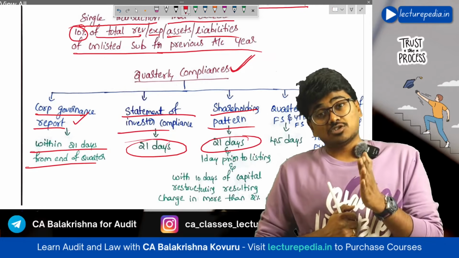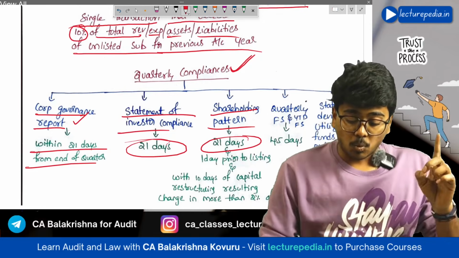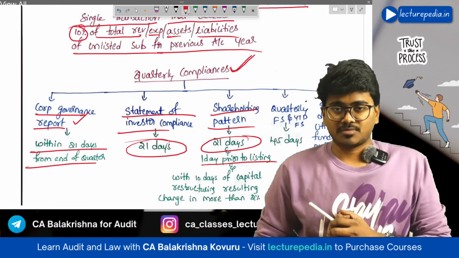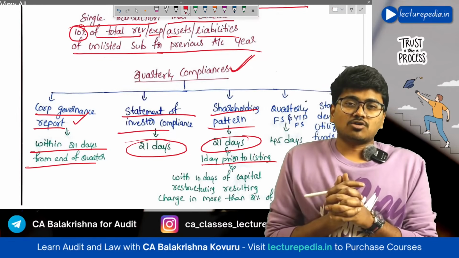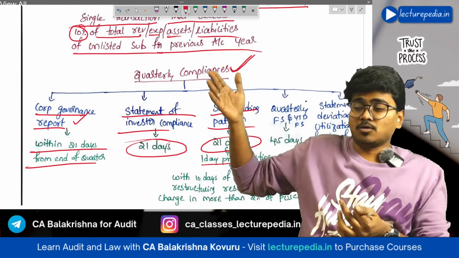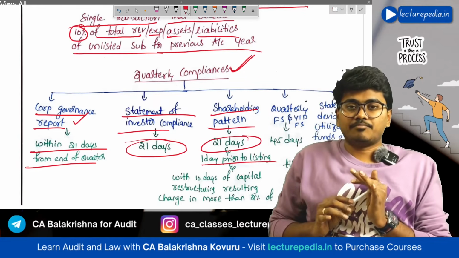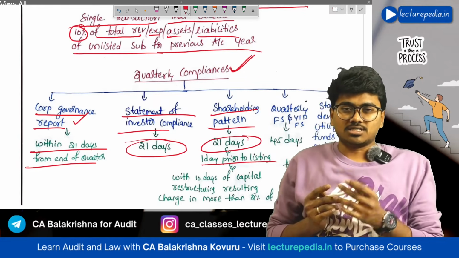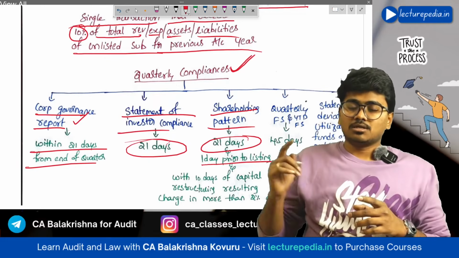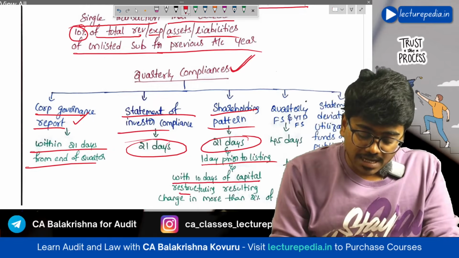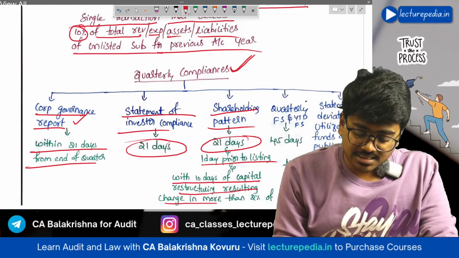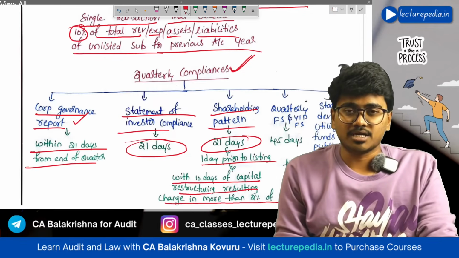Again, you should also submit this shareholding pattern 1 day prior to the listing. Let's say you are going to list your shares on the stock market tomorrow. Today you should submit the shareholding pattern to the stock exchange at least 1 day prior to the date of listing. You should also submit it within 10 days of a capital restructuring resulting in a change of more than 2% of the paid up share capital.